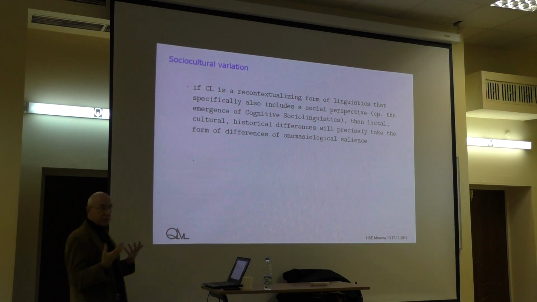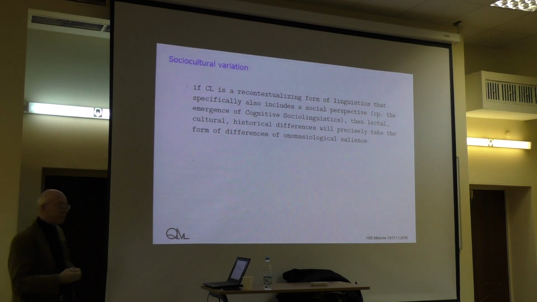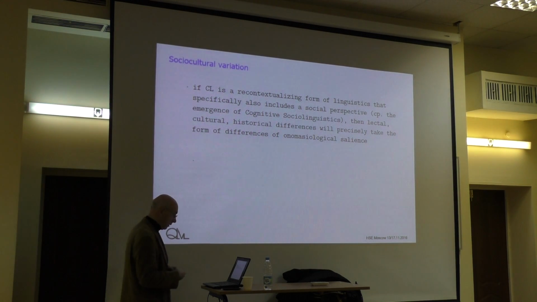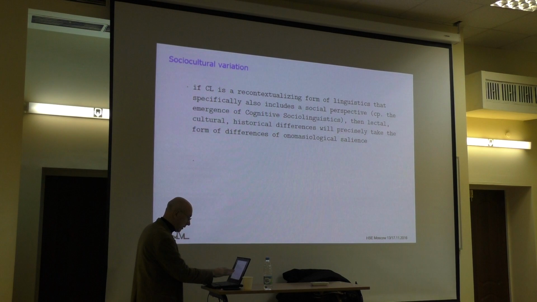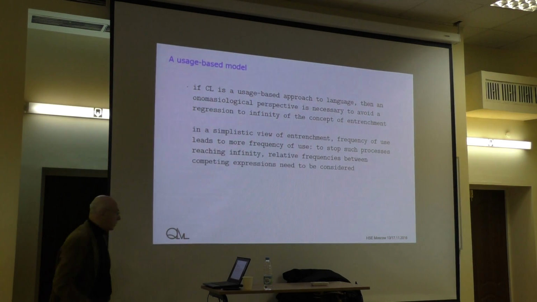From the point of view of meaning, how do you distinguish between different language varieties? Well, you distinguish them because they have different preferences for construal specifics. And then the usage-based aspect.